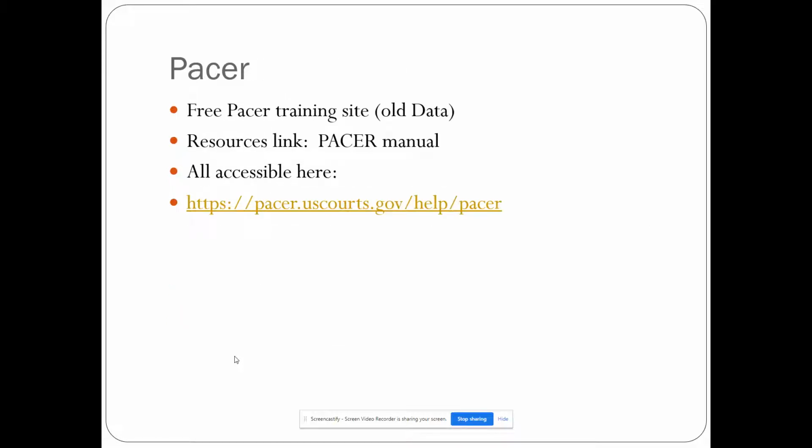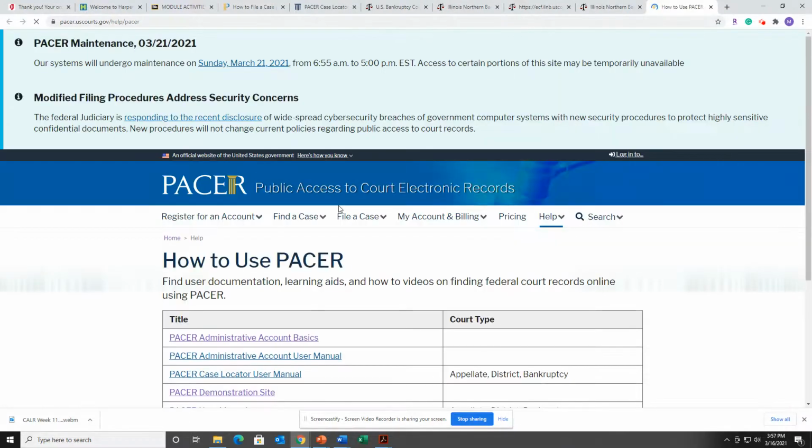I'm so sad. There were some great, terrible tutorials on Pacer, which were like my favorite things to look at, and they pulled them off the site. It makes me so sad. But under Pacer, under the help, they have a bunch of documents.